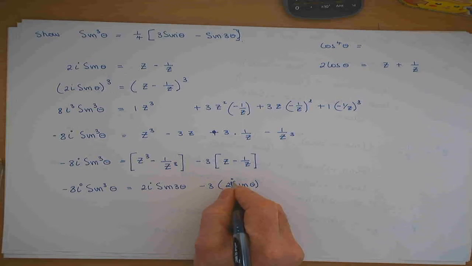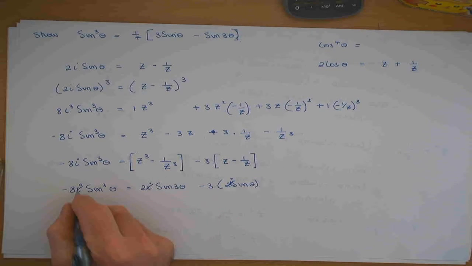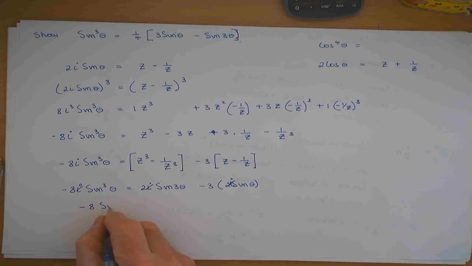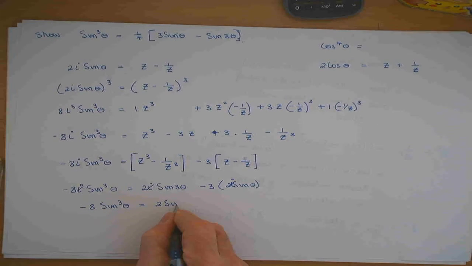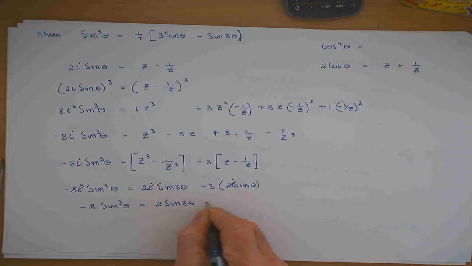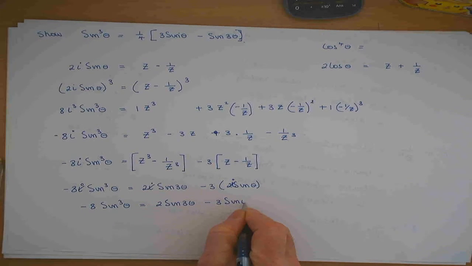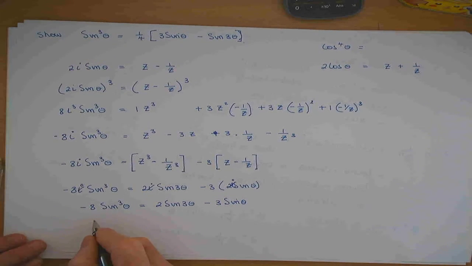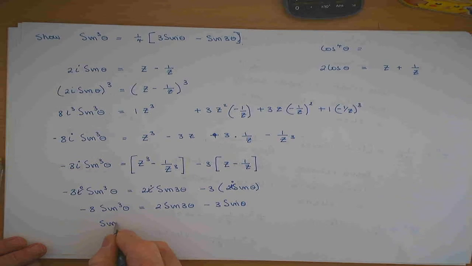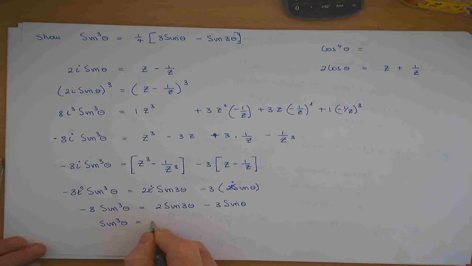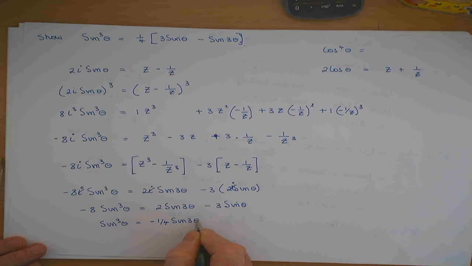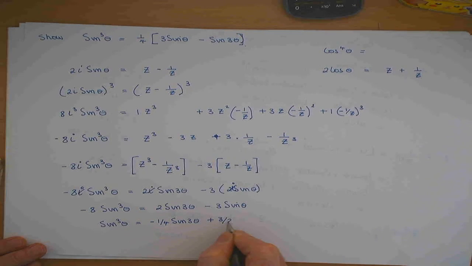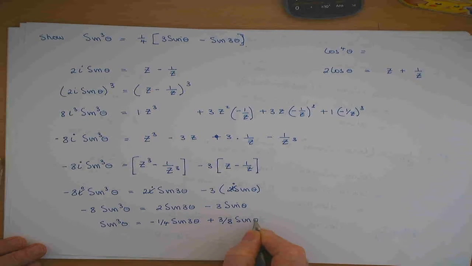All the iotas can cancel across. Minus 8 sine cubed theta is equal to twice sine 3 theta minus 3 sine theta. So dividing by minus 8, sine cubed theta is minus 1/4 sine 3 theta plus 3/8 sine theta.